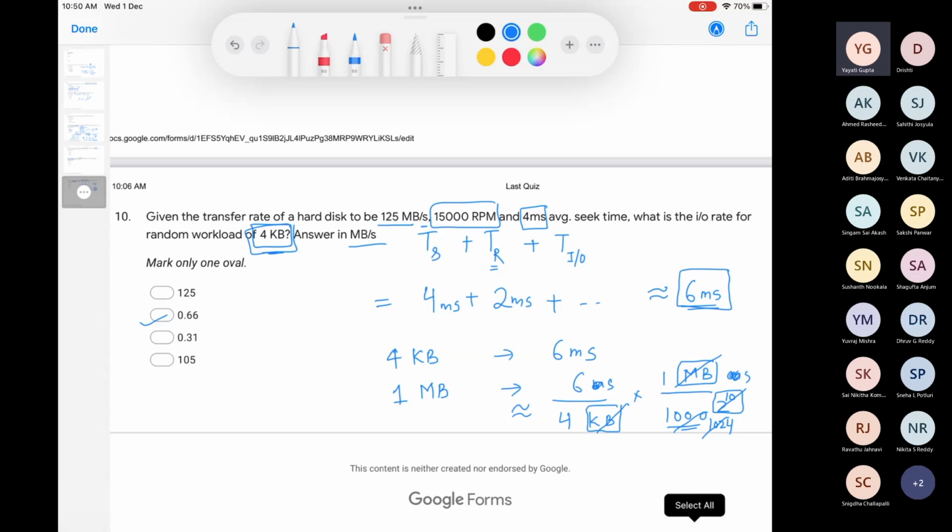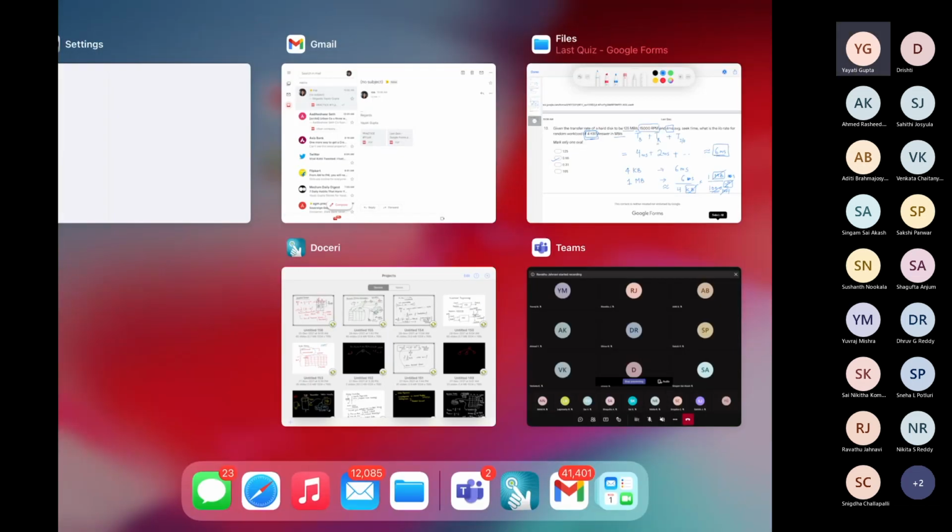Let's see who solves these questions first. All right, so the file is in the chat window. You can download it and we'll discuss these questions one by one. I'll also open it on my system.